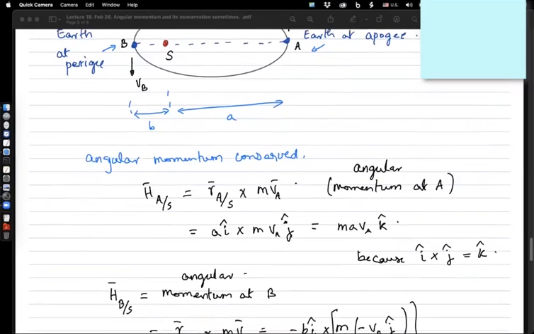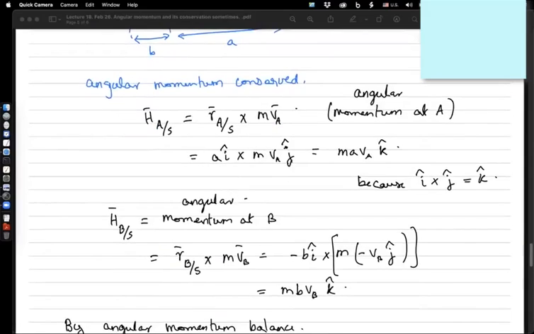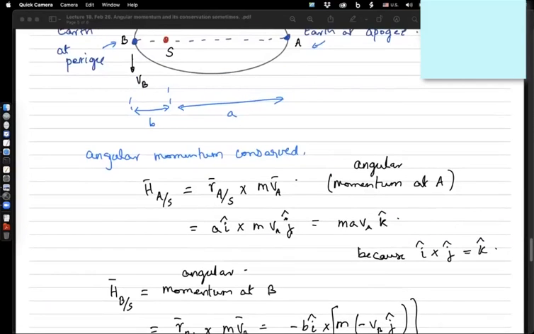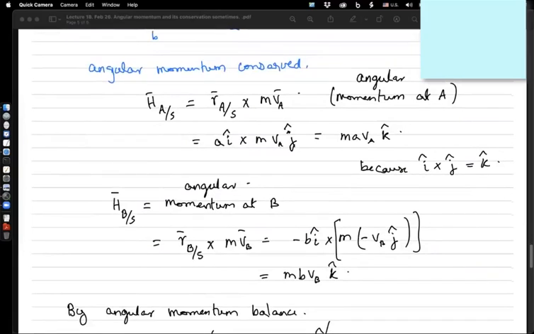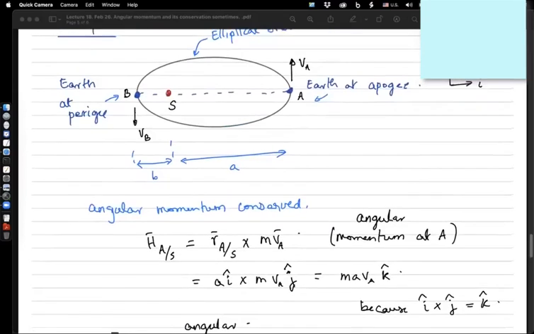Okay, so that's m a v_A. Similarly, the angular momentum at point B is going to be this vector crossed with m times this vector. So r_B with respect to S is this vector, which is minus b i.